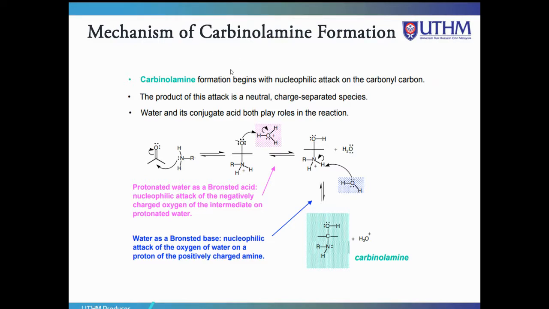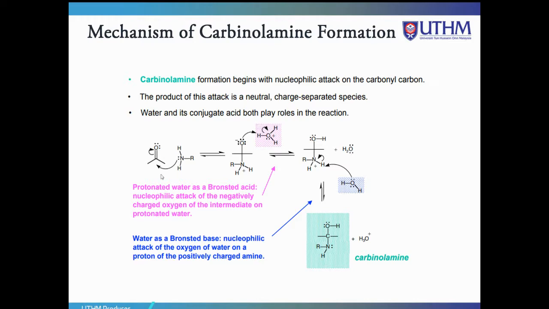Mechanism of carbinolamine formation. Carbinolamine formation begins with the nucleophilic attack of the amine on the carbonyl carbon. The product of the attack is a neutral, charge-separated species. Water and its conjugate acid both play a role in the reaction to produce the carbinolamine.